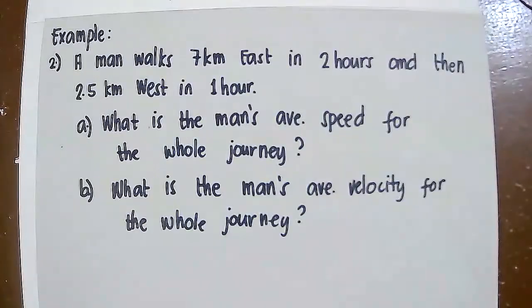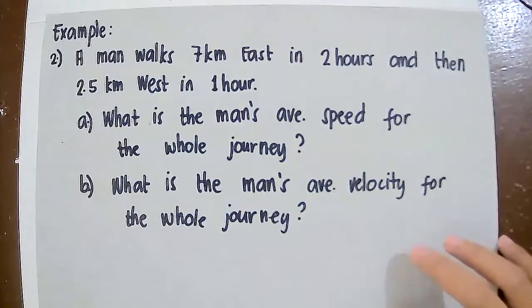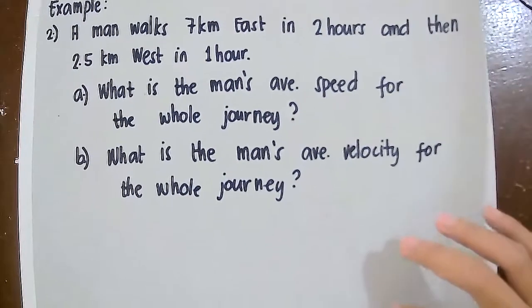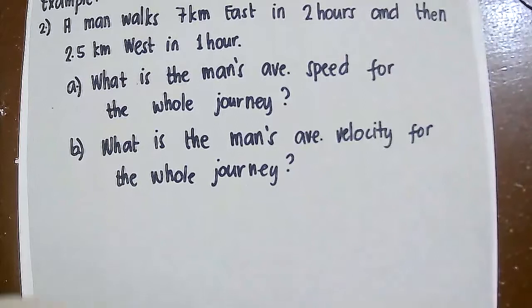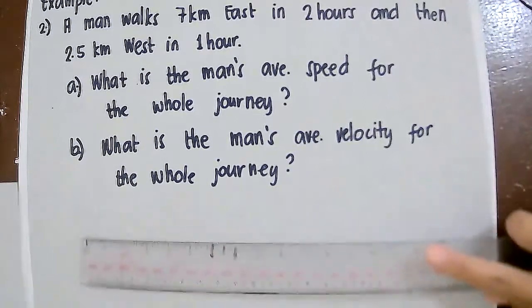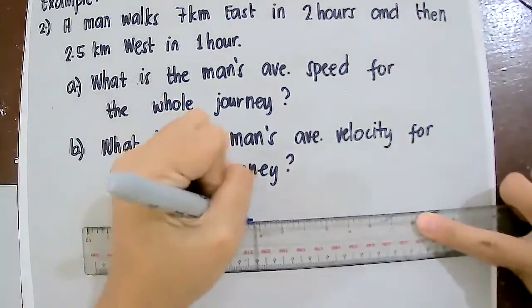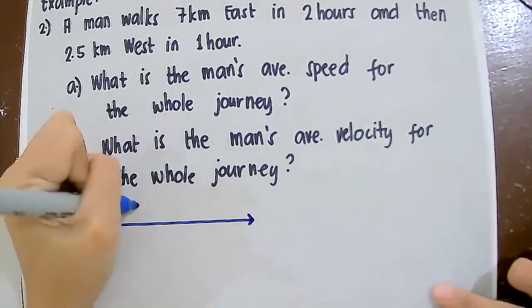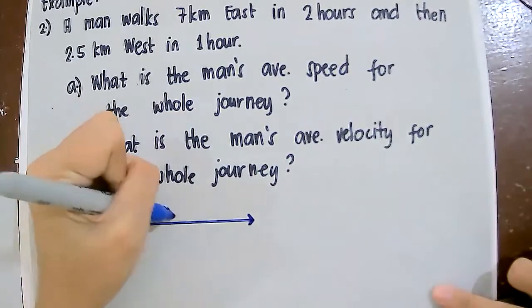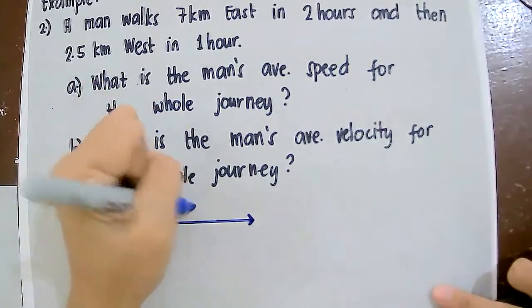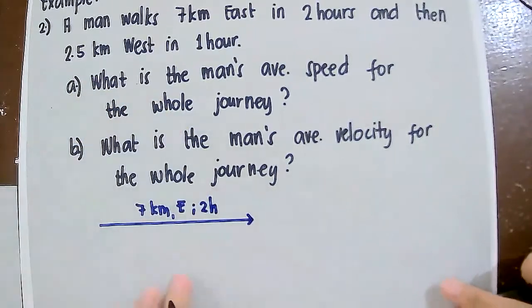Okay, now for the second example, we have here a man walks 7 kilometers east in 2 hours and then 2.5 kilometers west in 1 hour. So what is the man's average speed and what is the man's average velocity for the whole journey? We'll start with illustrating the problem. You have here 7 kilometers going to the east, and it took him 2 hours.